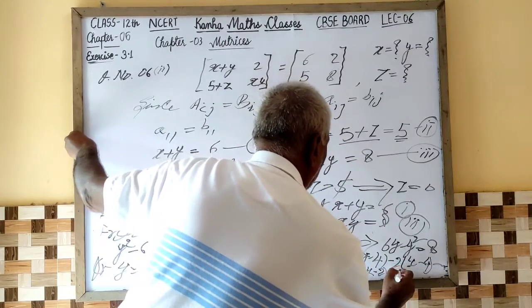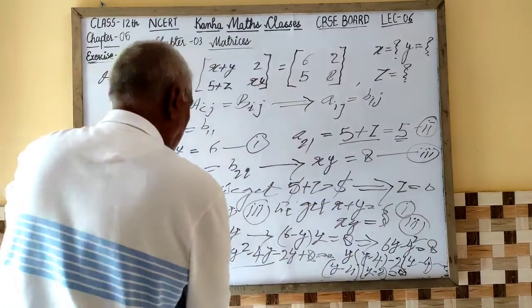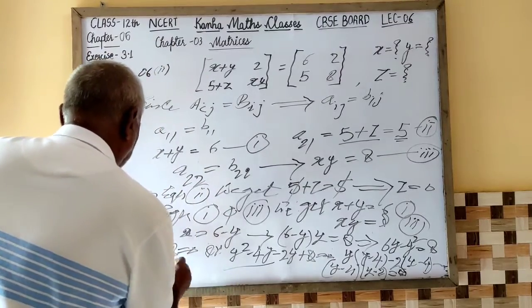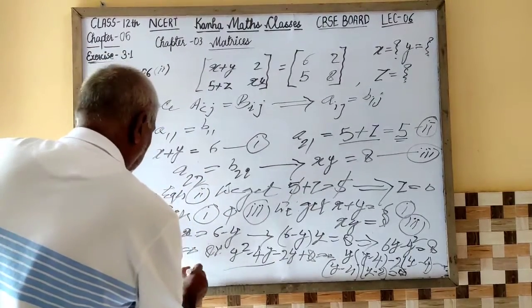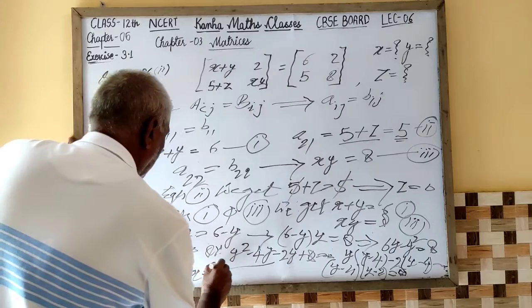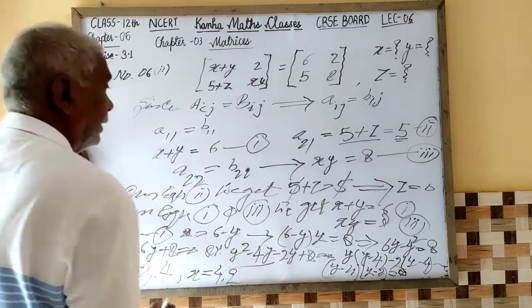So y is equal to either 2 or 4, then the corresponding value of x will be 4 and 2.